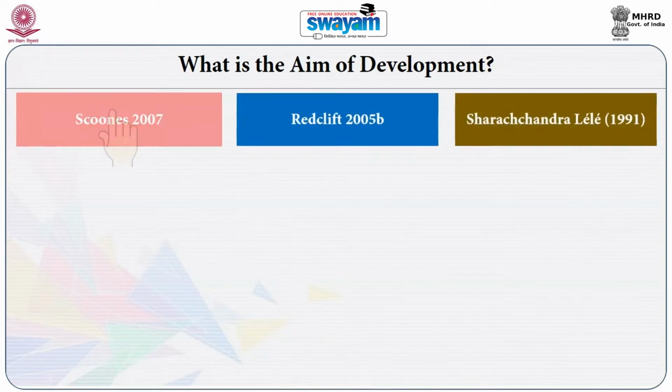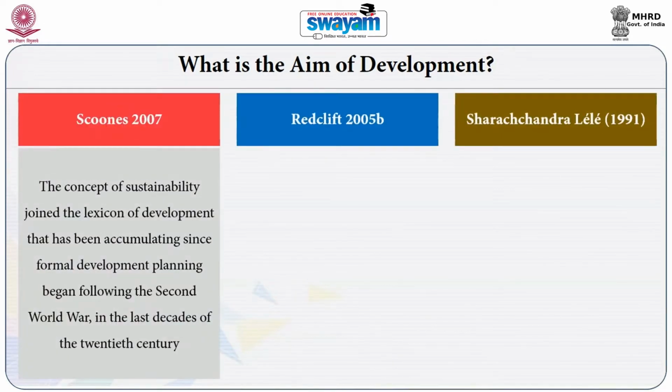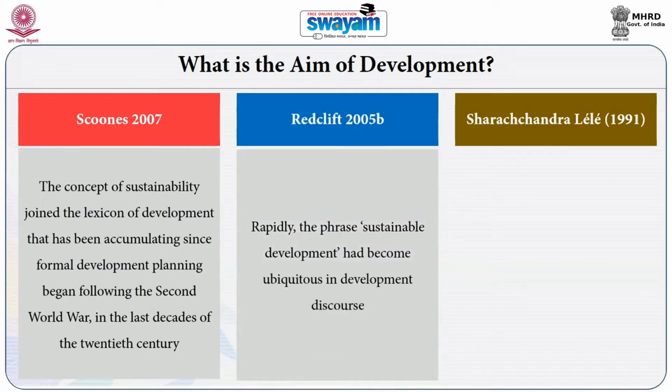So if this is our understanding of development, where does sustainability come in? It is in the 1970s that sustainability joins this discourse on development. In the widening of the understanding of development, the concept of sustainability, as we've understood it from its various roots, joins the lexicon of development.